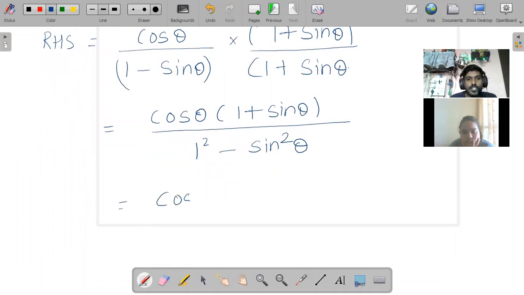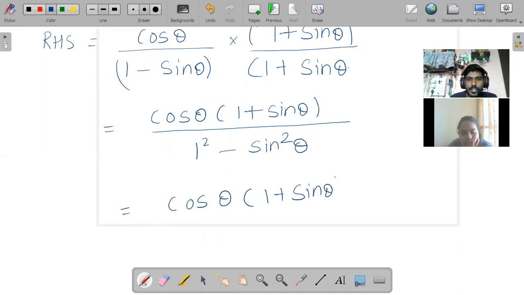So this is cos theta into the bracket. Oh, I think no need to multiply inside the bracket. We'll keep it as it is. Only the denominator will change. We'll use the identity and change the denominator.